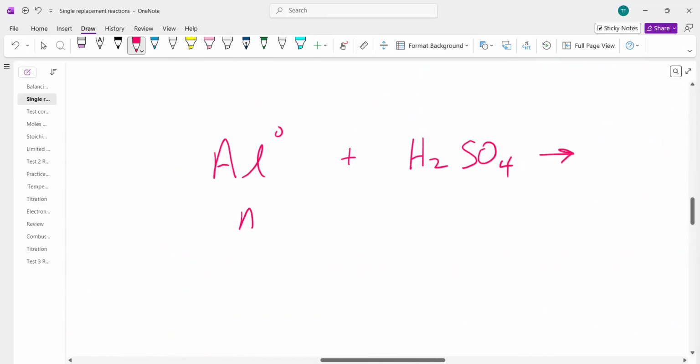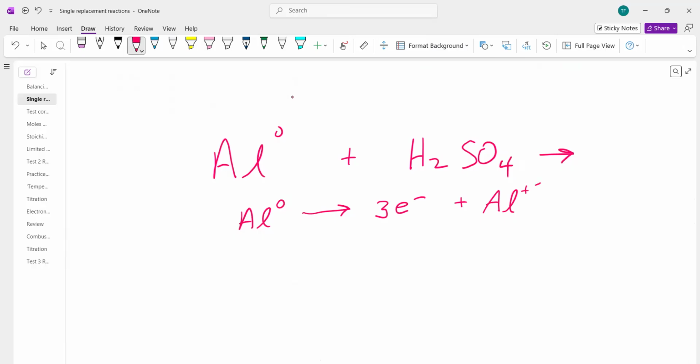So aluminum does that. And then our hydrogen does that.